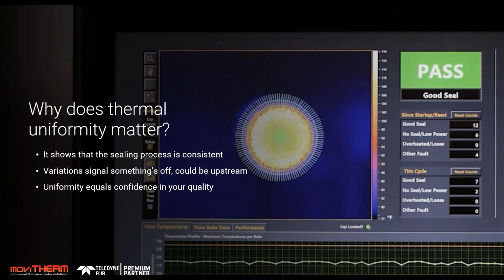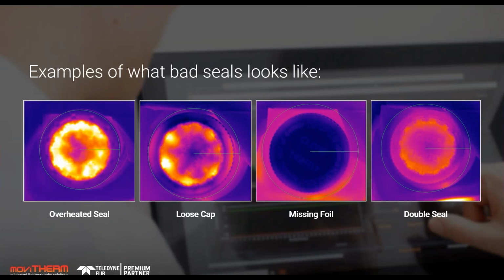Okay. And when we look at some of these examples of what a bad seal actually looks like, I think you touched on a few of these with respect to the overheating, and prior you talked about the loose caps. Is there anything specific in these images?